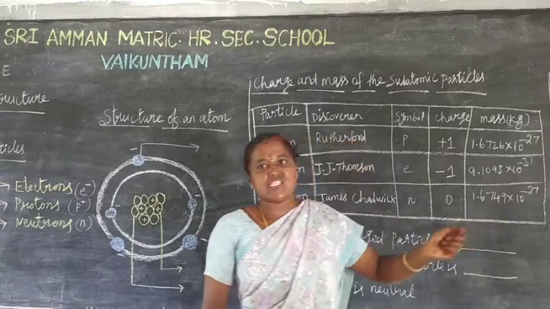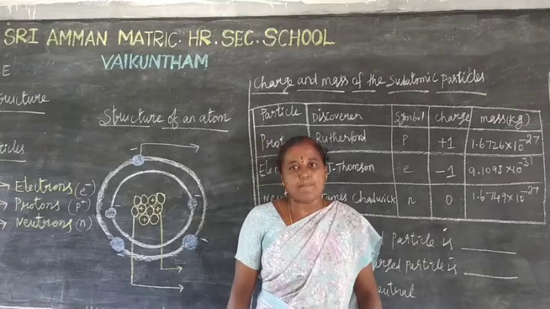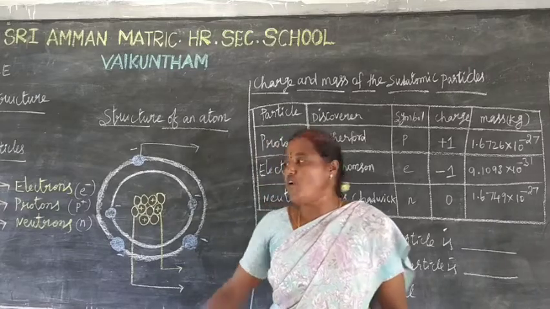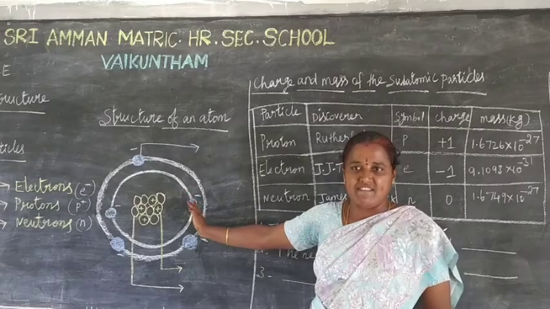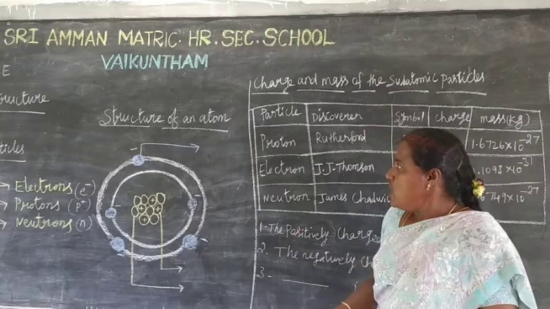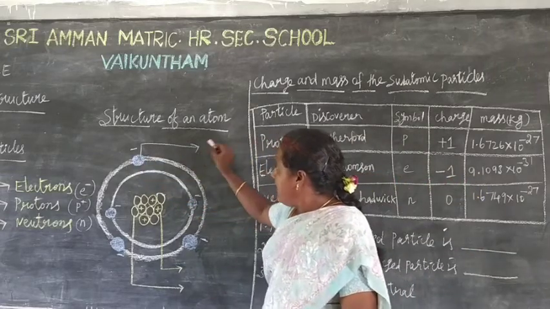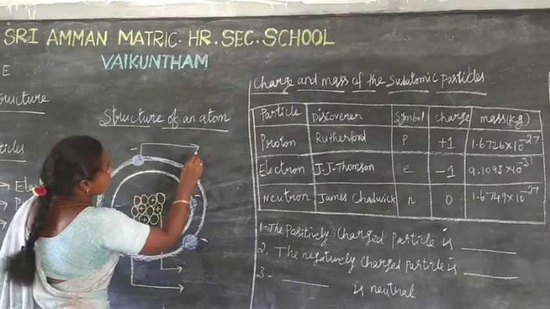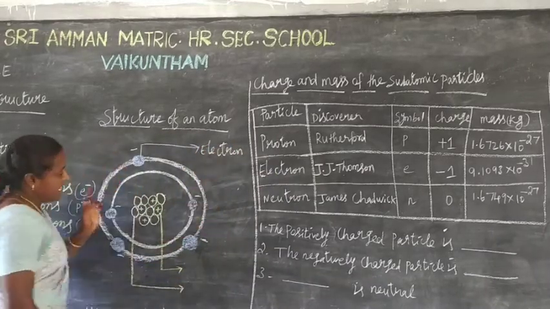Okay, next we can learn the characteristics of the subatomic particles through the following activity. Label the parts in the given diagram and answer the following questions. First, label the parts. See here, this is an electron, the negatively charged electron.